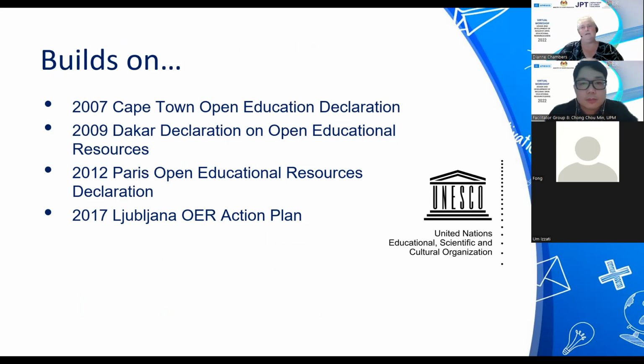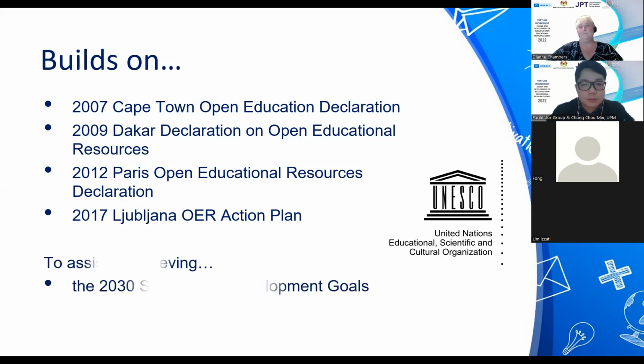Most recently, the 2017 Ljubljana OER action plan really talked about how do we put this in place and how do we make this happen. And then, of course, the 2019 is looking at enacting and making sure that we can put OERs in place and make sure they're available for everybody.